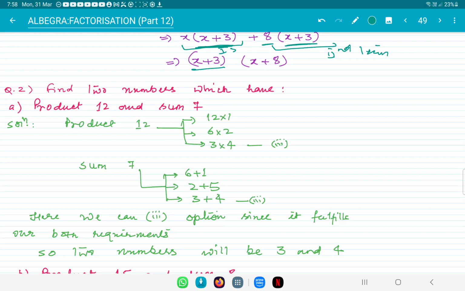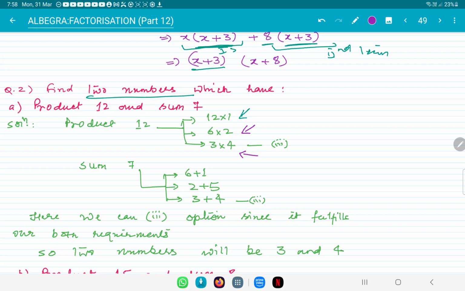Now next question: find two numbers which have product 12 and sum 7. Since it is a trial and error method, product 12 can come in the form of 12 into 1, 6 into 2, or 3 into 4.